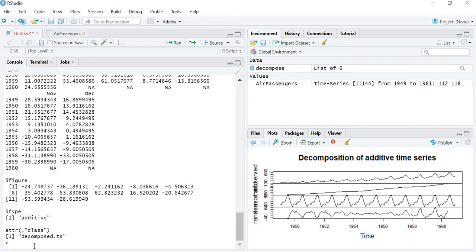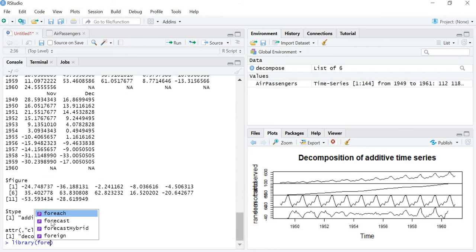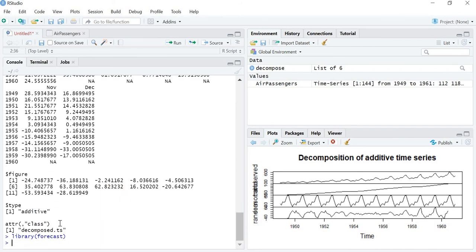So now to remove the seasonal effect, we need the package forecast. So let me load it. library(forecast). Now I am deseasonalizing. That means I am storing the command in a vector deseason. So I want to deseasonalize. First of all, I am removing the seasonal effect.